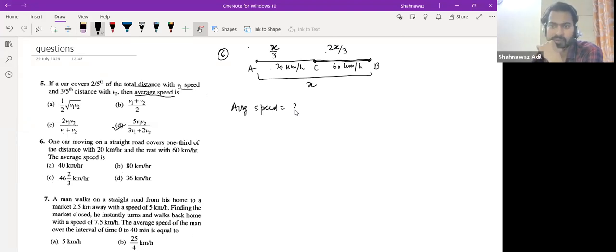Okay, so any answer, guys? Did you guys get any answer? No, sir, still doing. Martin and Ishita, what about you? Follow the same method, the same analogy that we followed in the previous question.